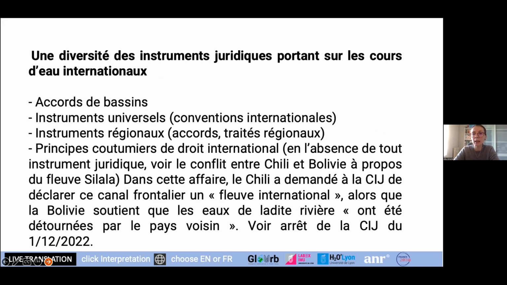There are basin agreements, there are universal instruments, so basically international conventions that are open to signing and ratification by all states that are members of the UN. There are regional instruments, so at a more local level.